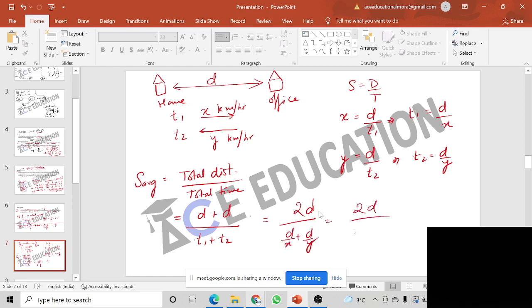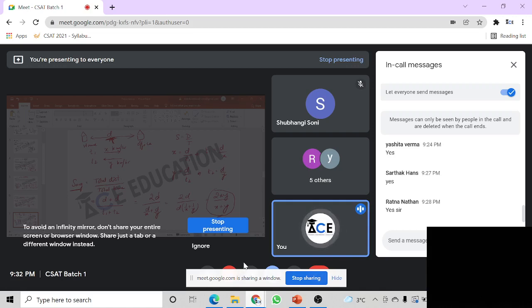I take d common and solve it, and what I get is 2xy upon (x plus y). So my average speed, when the distance is the same at both places, comes out to be 2xy upon (x plus y), not (x plus y) upon 2. These are the two important things we need to be sure of while solving questions if any of this comes up.